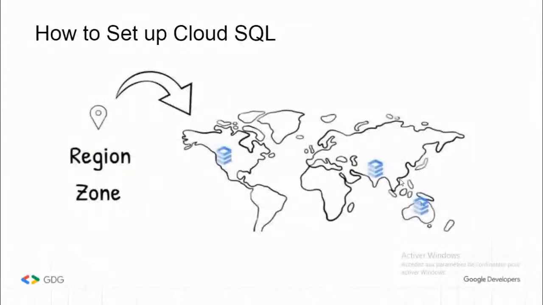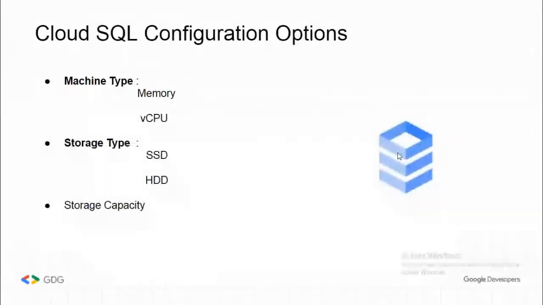How to set up Cloud SQL? Cloud SQL is easy to set up. You just have to select the region and zone where you would like the instance to be, and it gets created there. You also have a lot of configuration options. You can select the machine type with the right number of CPUs and amount of memory you need.